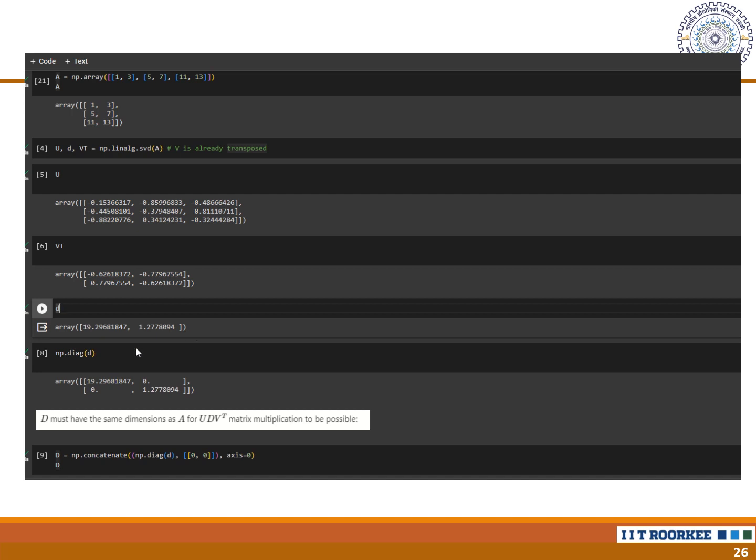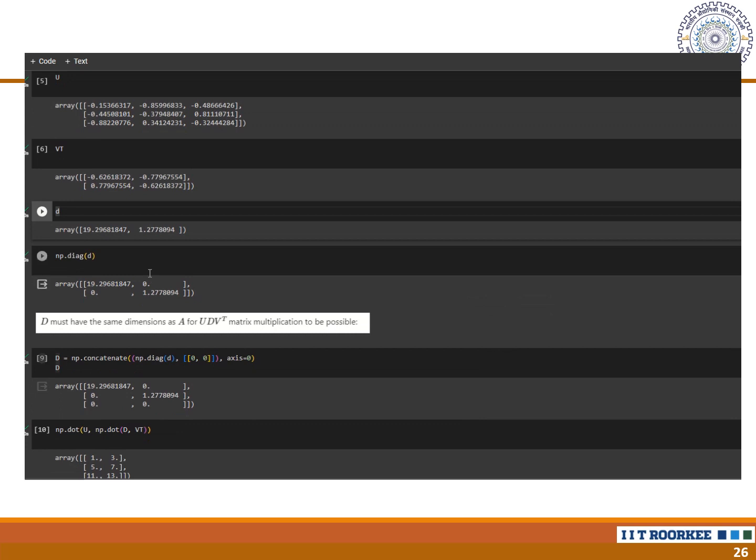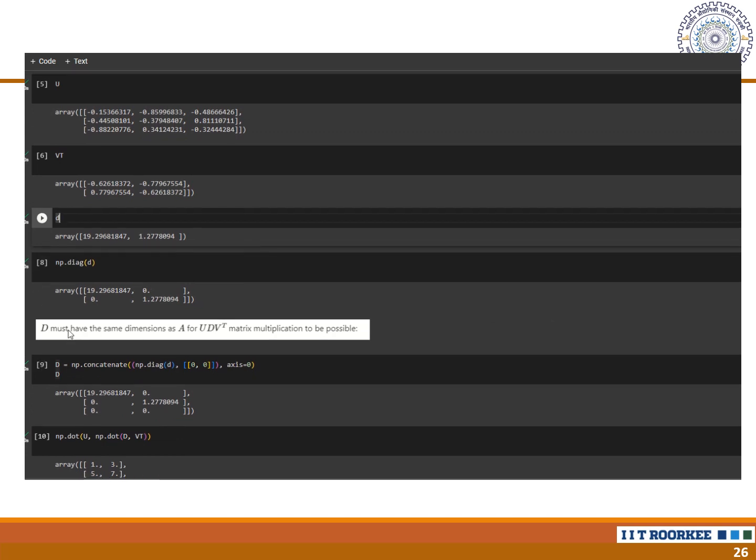Okay. So we will use np.diag to get the diagonal matrix. Here is our diagonal matrix. Now to get A, we're gonna multiply U, D, and V transpose. To multiply this, the dimension of D must be the same as these, right?